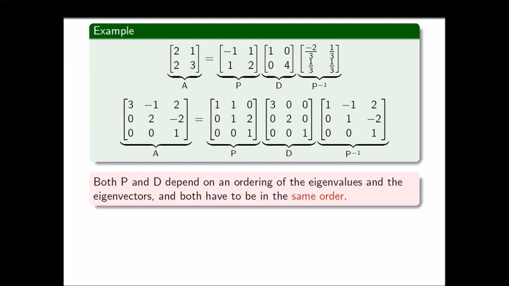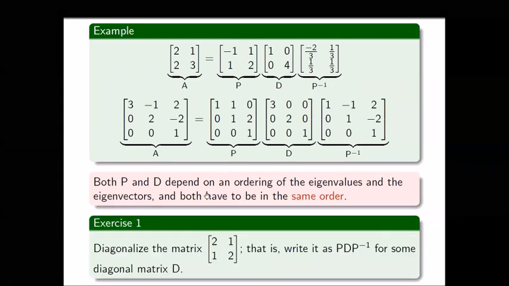If you have 1 and 4 in that order, your eigenvectors should be in the order of the eigenvector of 1 and the eigenvector of 4. And when I say eigenvector, I'm referring to the basis element that you found in the computation of the basis of an eigenspace.